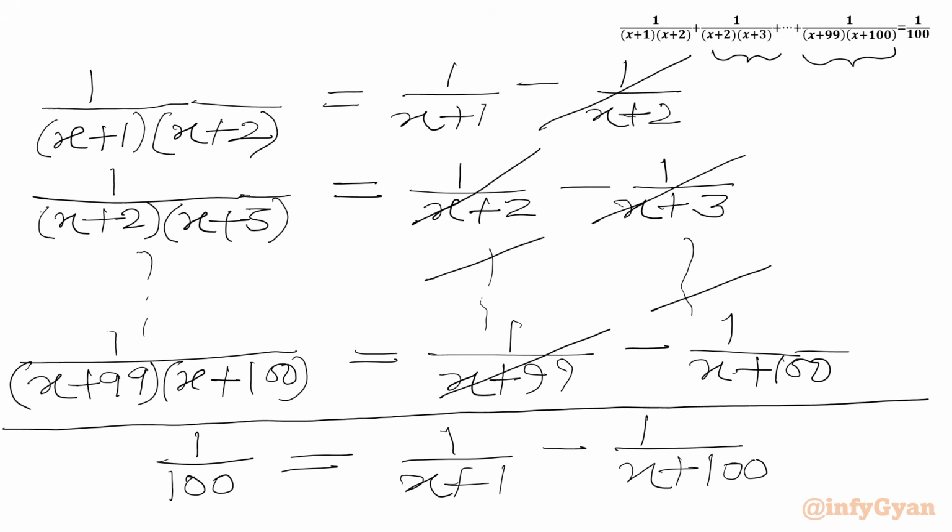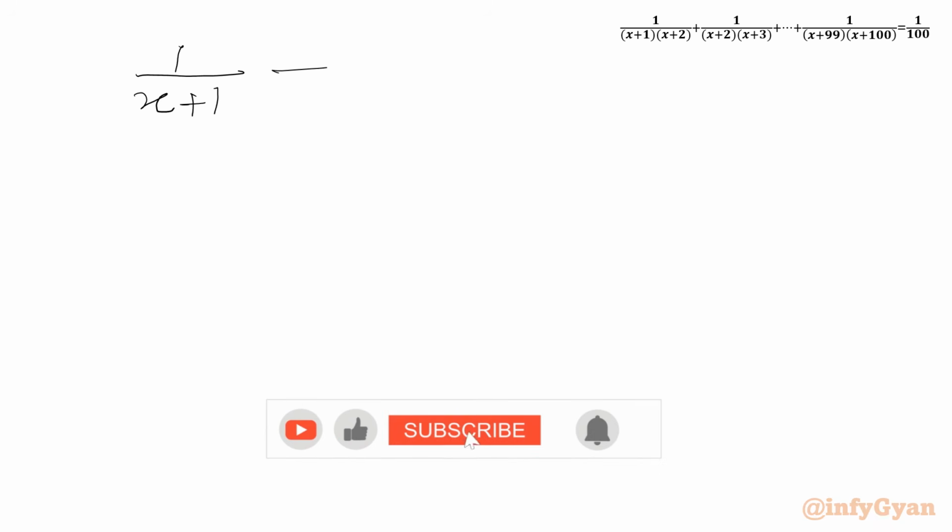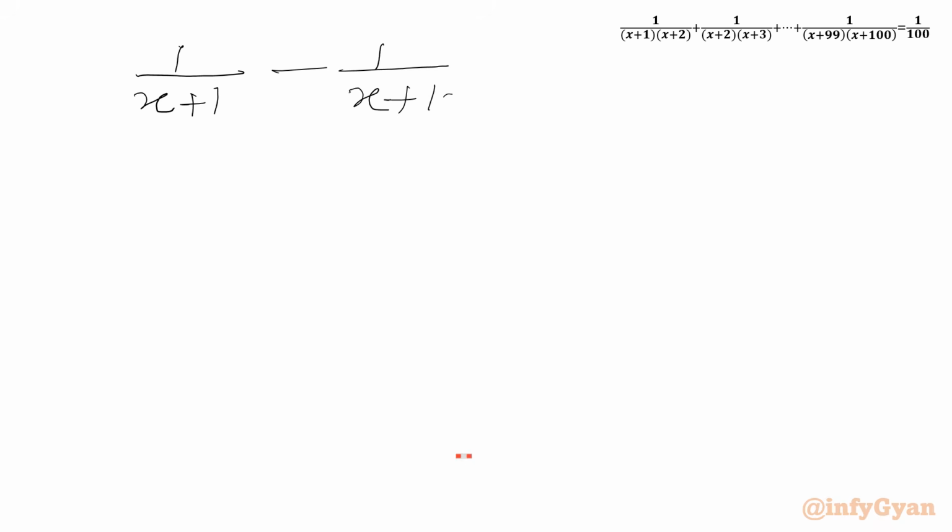Now we will take LCM. So if I will write equation 1 over x plus 1 minus 1 over x plus 100 equal to 1 over 100. Now we will take LCM and write x plus 100 in the numerator.